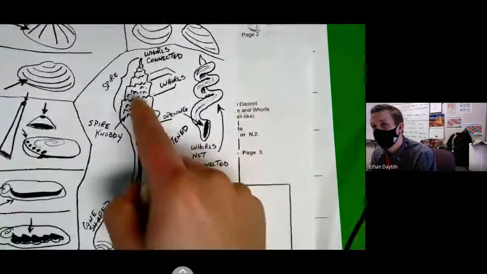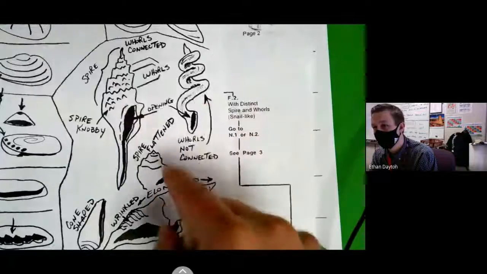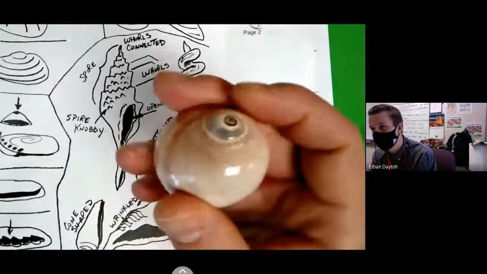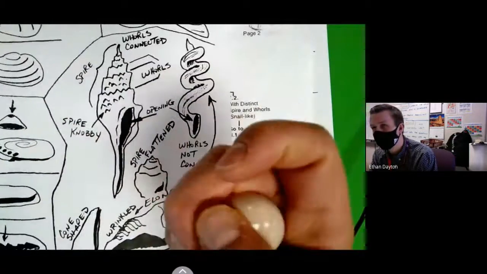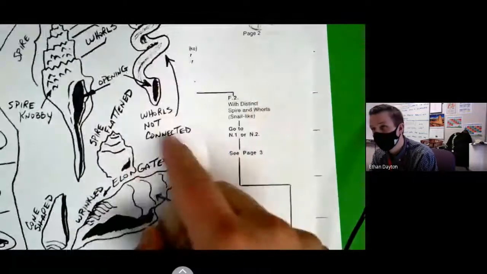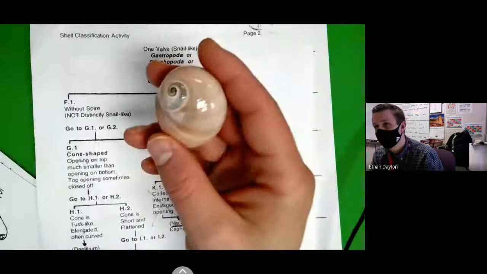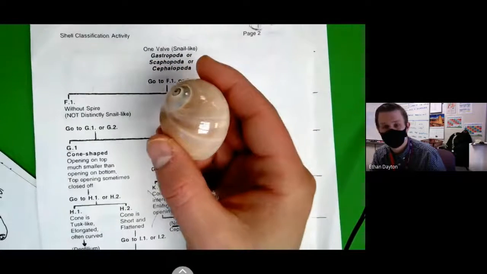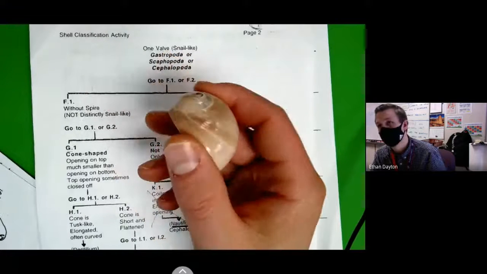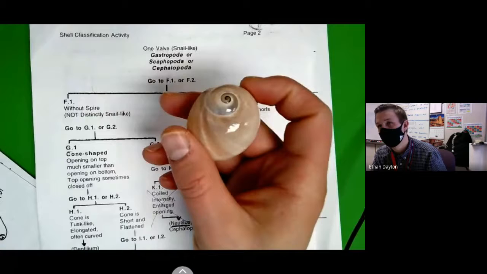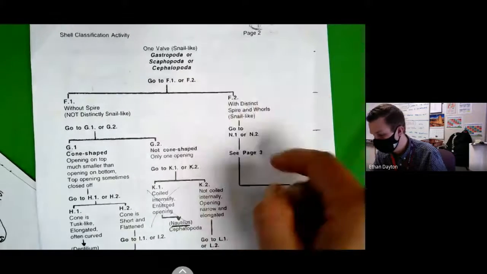Here's what a spire is. The spire is like the pointed version of it. The whorls are the things that go round and round. Does this have a spire and whorls or not? Aiden Kletke. Yes, it does. All right. So we're going to go to F2.